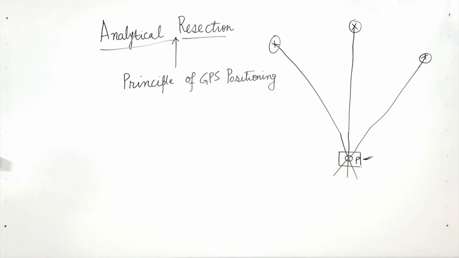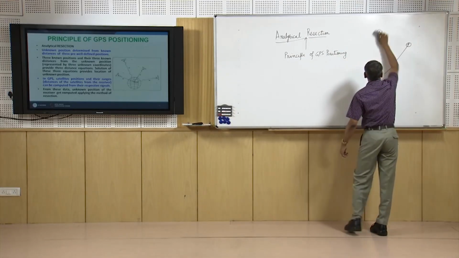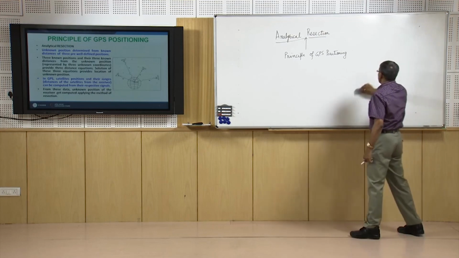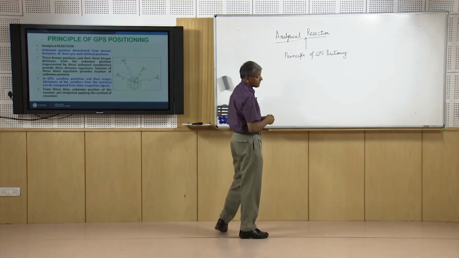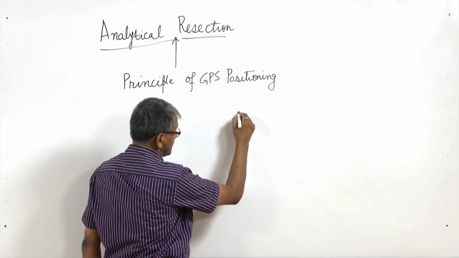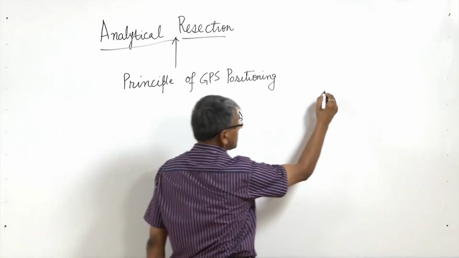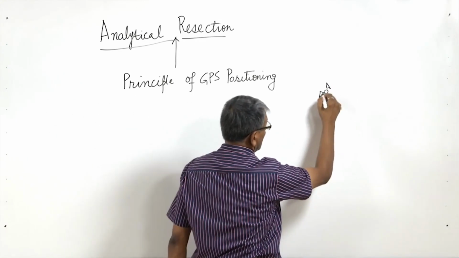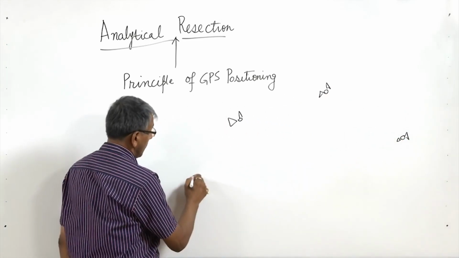Now in case of GPS, where do we get the 3 objects as well as the direction of lines from? It is the satellites whose positions we know.